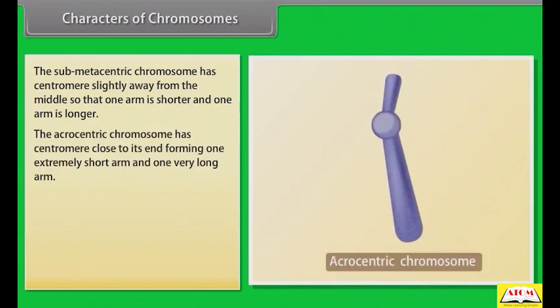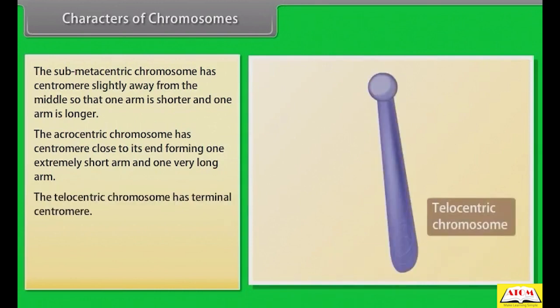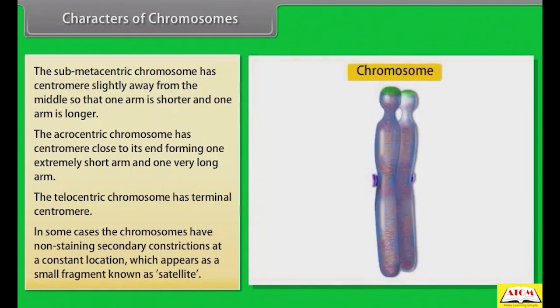The acrocentric chromosome has centromere close to its end, forming one extremely short arm and one very long arm. The telocentric chromosome has terminal centromere. In some cases, the chromosomes have non-staining secondary constrictions at the constant location, which appears as a small fragment known as satellite.